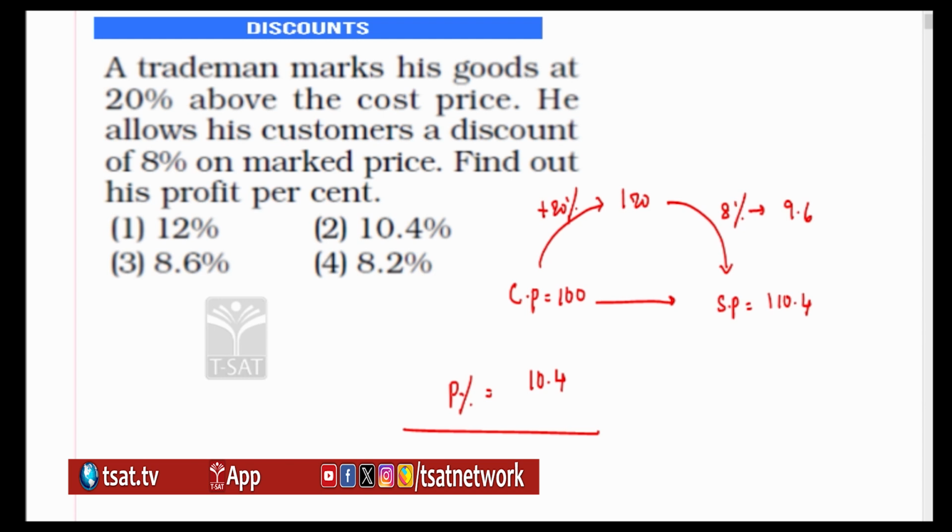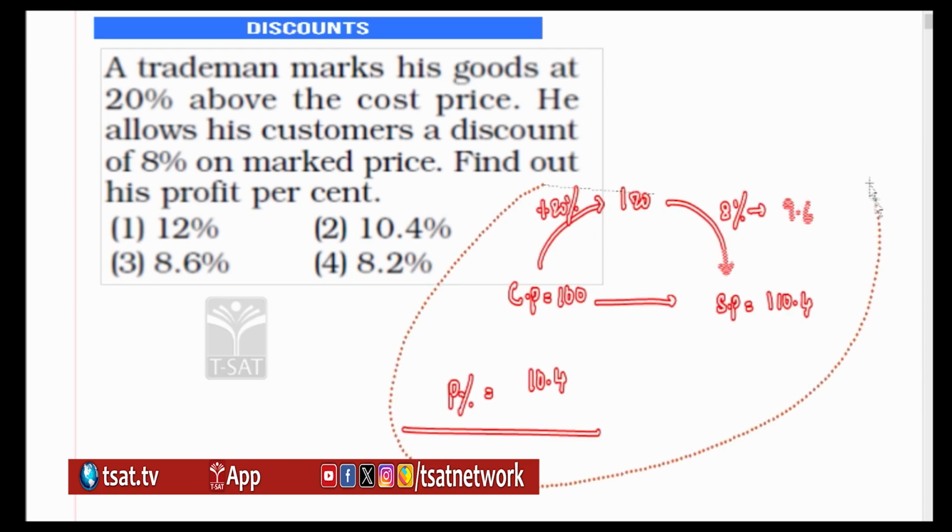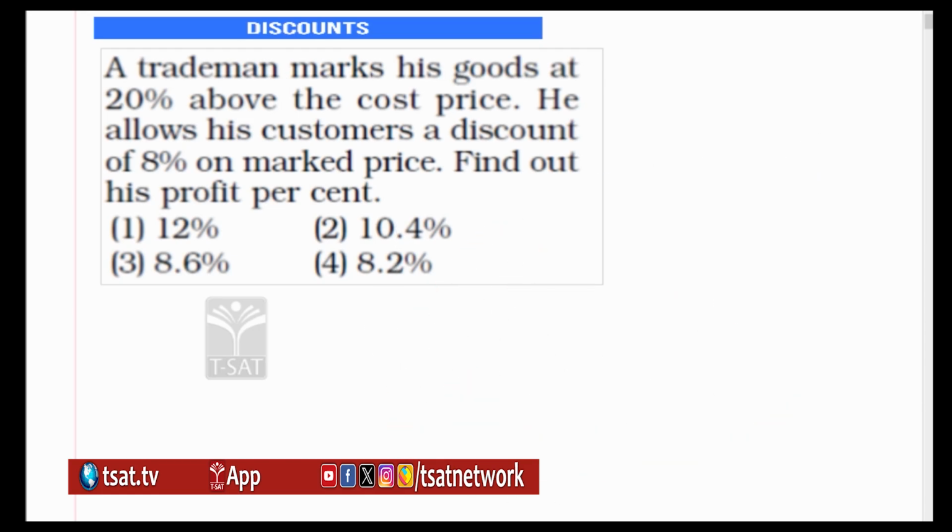If you wish to get it without using the approximate values, see here. We know M% increase followed by D% decrease is profit or loss. So use the same thing here.